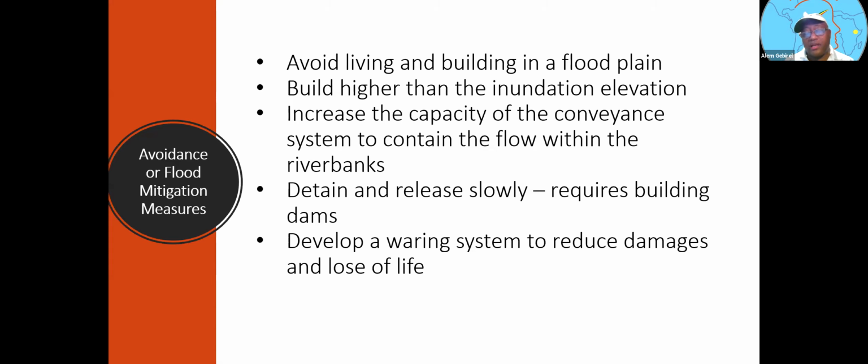That requires improving the capacity of the channel or building a levee to contain the flow. The other mitigation measure is to detain and release the flow slowly, which requires building dams. And if we cannot do all of that, develop a warning system so that people can at least get out. That's mostly what protection in Sudan is like, as in the presentation by Mohammed last time.